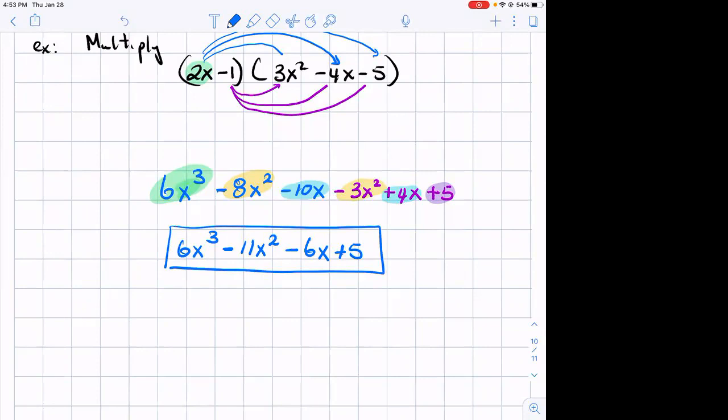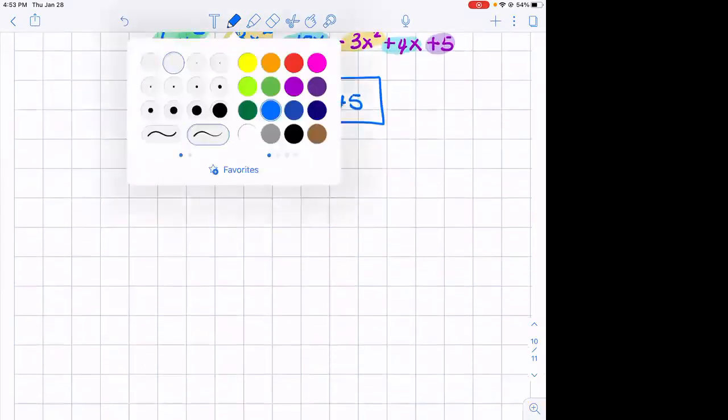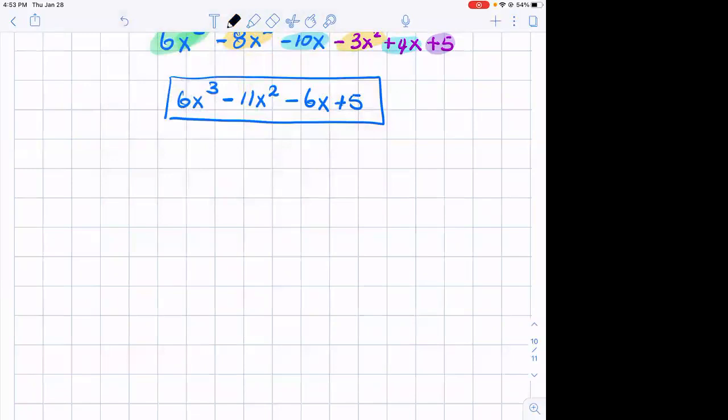Now, sometimes what can be confusing is if I say multiply x plus 3 quantity squared. Quantity means everything is in parentheses.